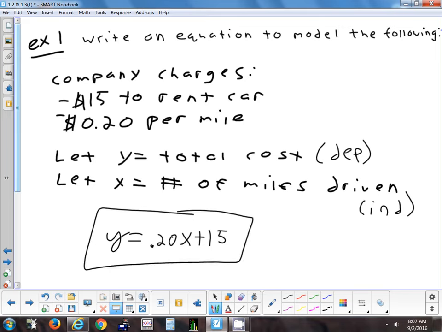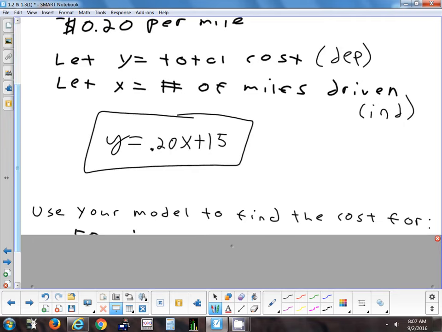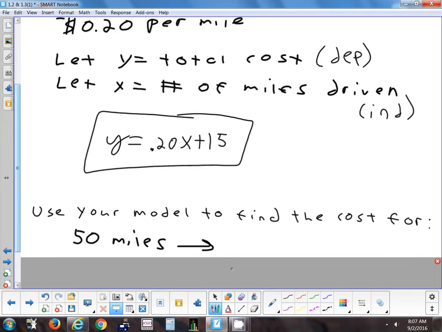Any questions on that equation? All right, so now let's use the model that we just came up with. This equation is a model for the word problem, to find the cost for 50 miles. Andrew, if I want to find the cost for 50 miles and I want to use that formula, what do I do? Plug in 50 for x. Yeah, we're going to plug in 50 for x.